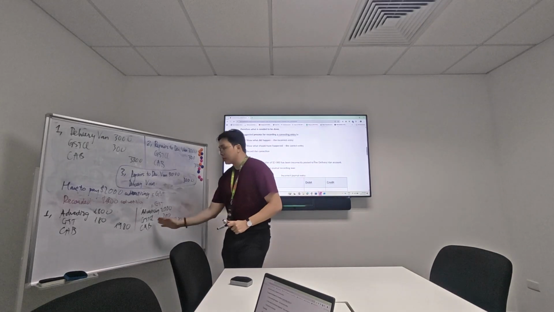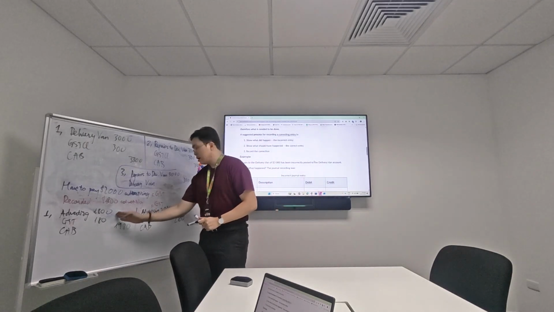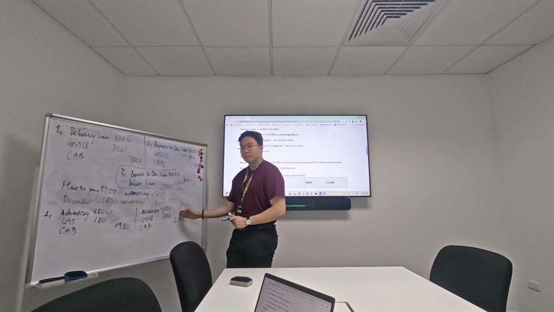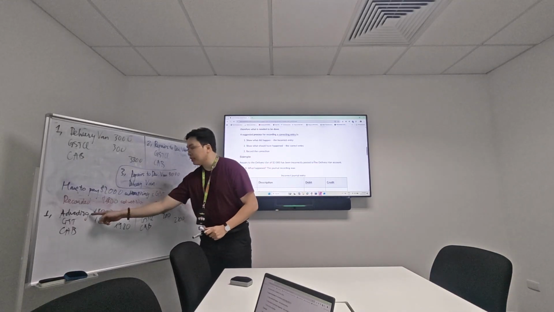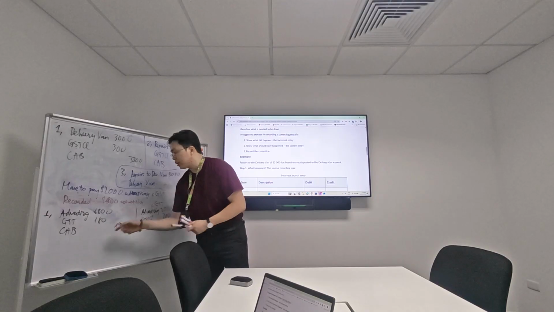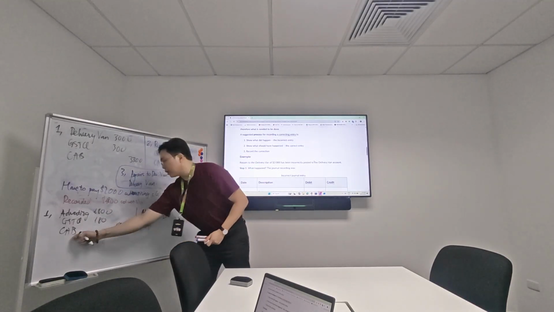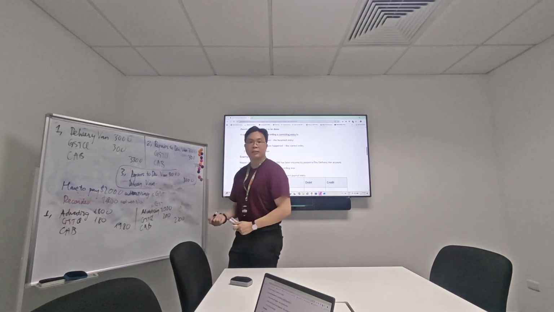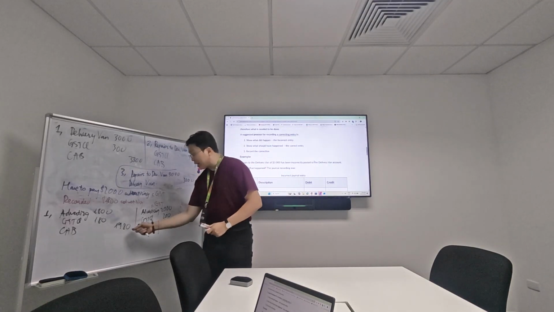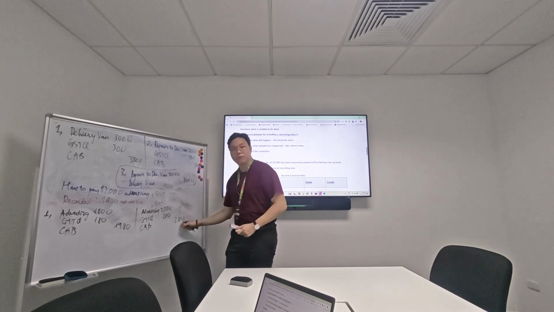As you can compare, this is the mistake and this is the correct one. They are all the same. Advertising debit, GST clearing debit, cash at bank credit. The only thing that is different is the figure itself.